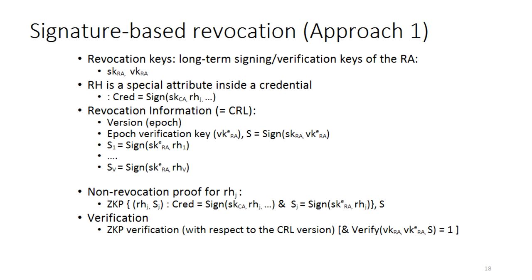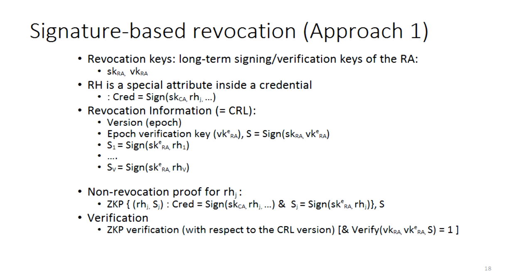So the user, to basically generate a non-revocation proof, generates a zero-knowledge proof without revealing the revocation handle and the particular signature. So it fetches the signatures. It can also fetch just the corresponding signatures to that user.